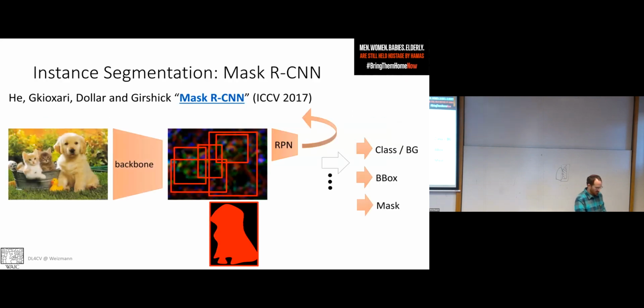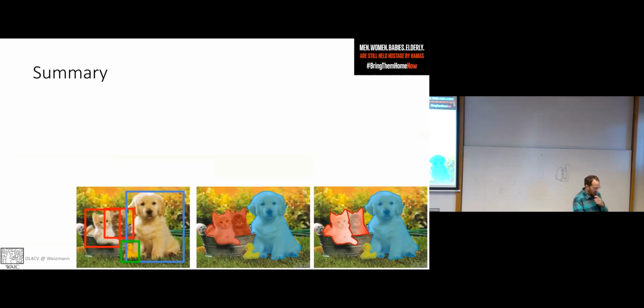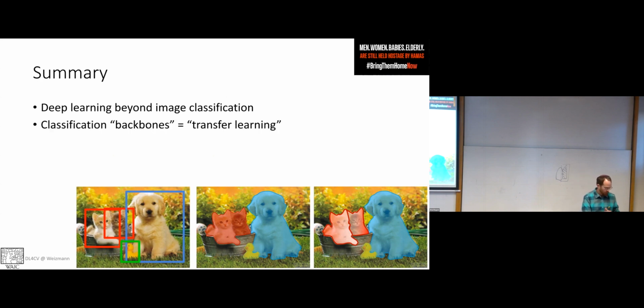So this is Mask R-CNN. To conclude, we saw in this class how to take deep learning beyond the task of classification and generation to more complicated and more detailed predictions in the image space. We used a backbone taken from image classification, so we do transfer learning rather than training from scratch.